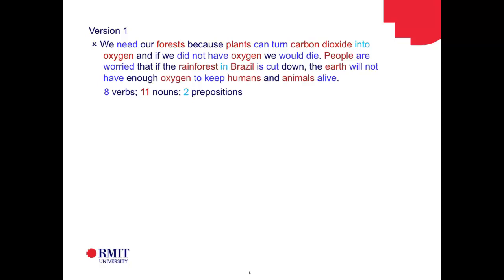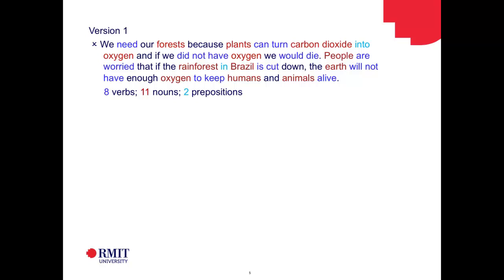Now look at this. This is another little paragraph or few sentences. Have a look at them. You can see how the action words are in bright blue. The key nouns are in red. And in that pale blue, we've got prepositions.